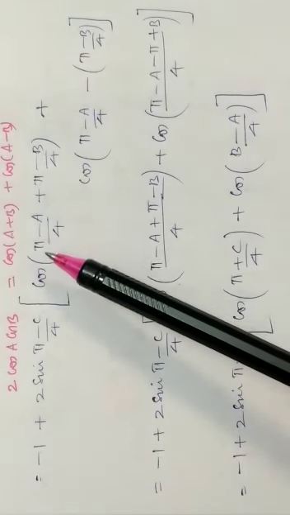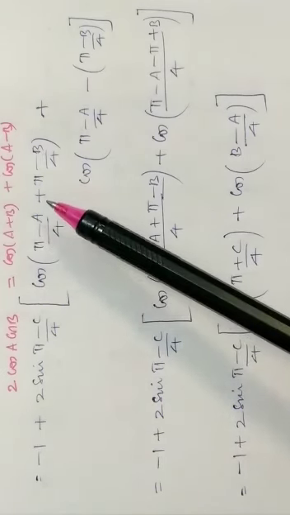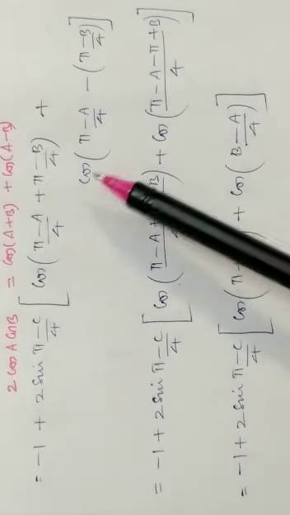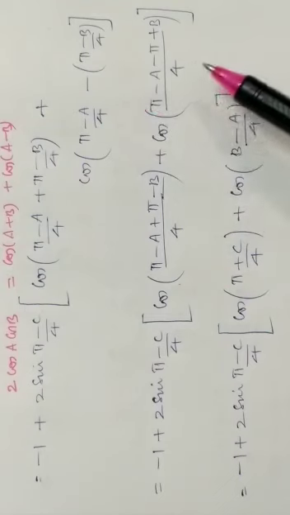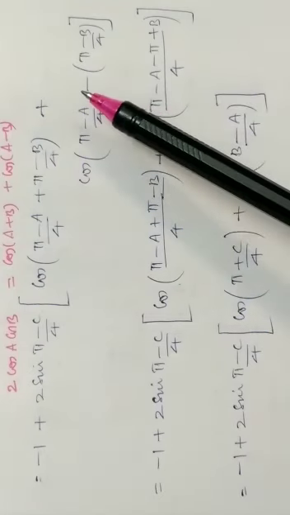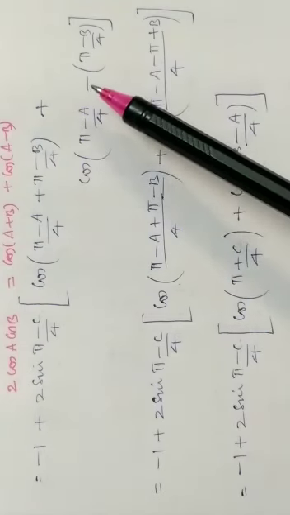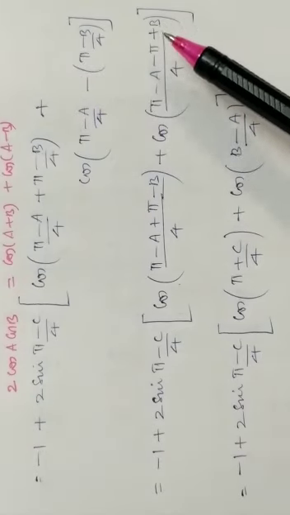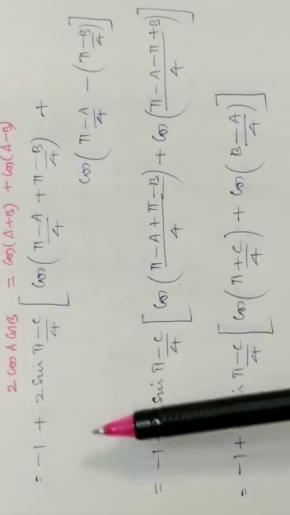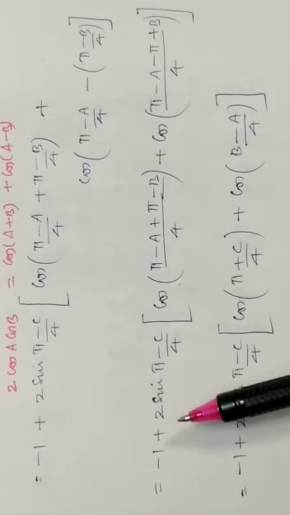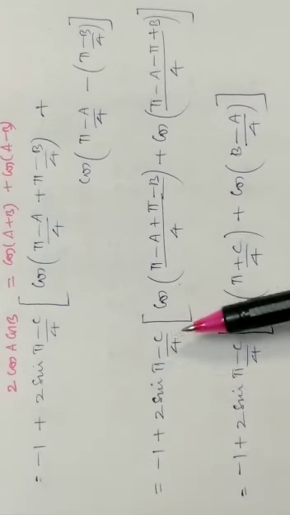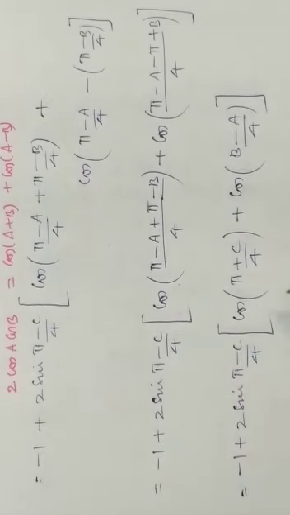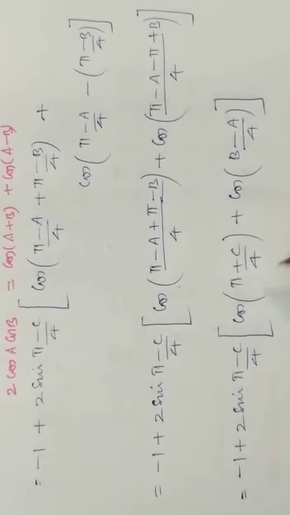The numerator is (π−A) + (π−B), plus cos, LCM is 4, (π−A) multiplied by minus inside, −π + B. Drop this: −1 plus 2 sin((π−C)/4) as it is.